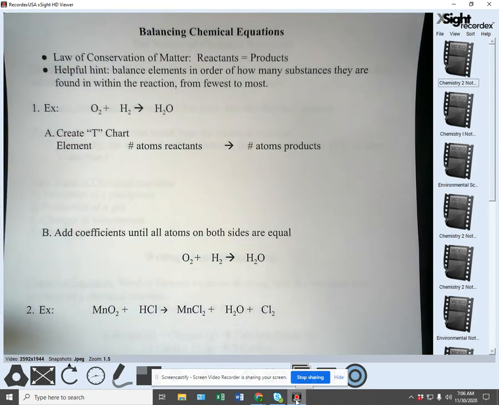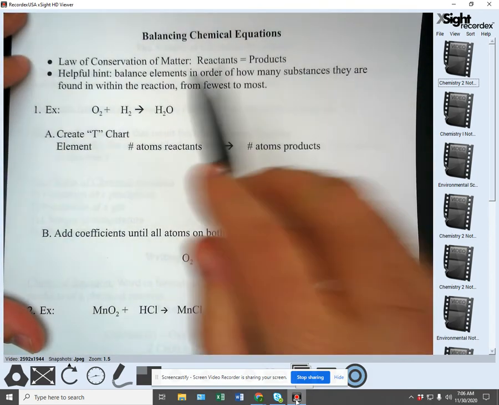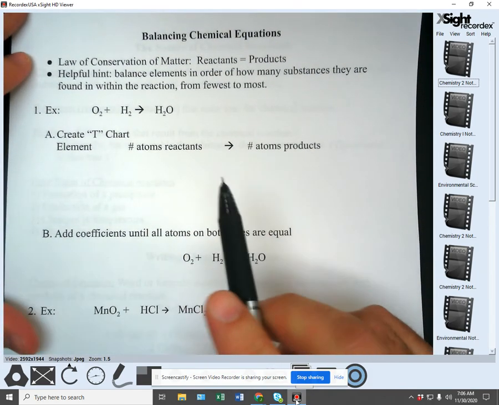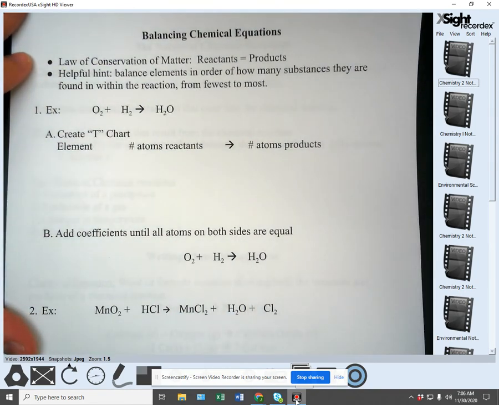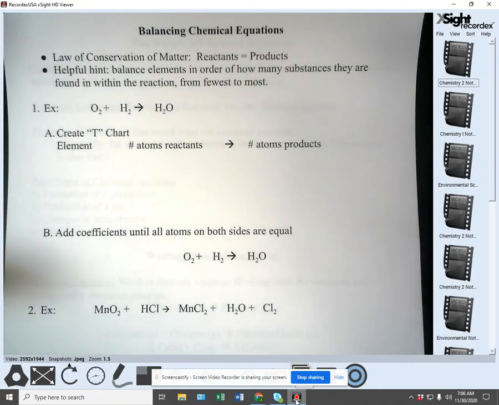You can't lose any mass, you can't lose any atoms, and you can't gain any atoms from nowhere. This is the chemistry version of a math equation, where everything on the left side must equal everything on the right side.